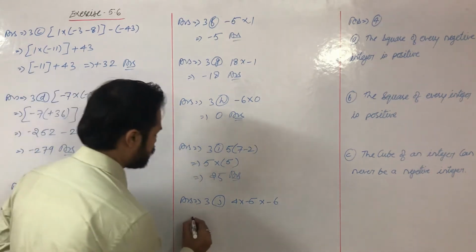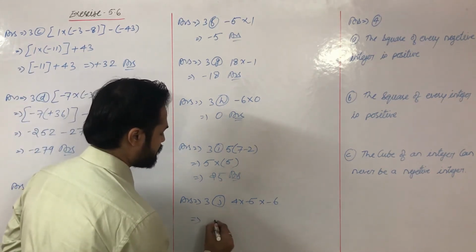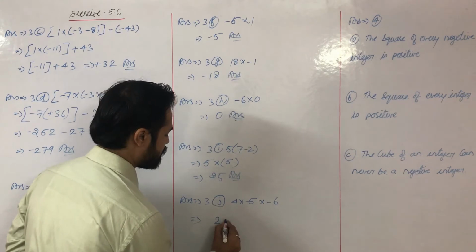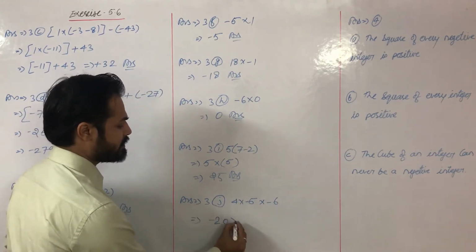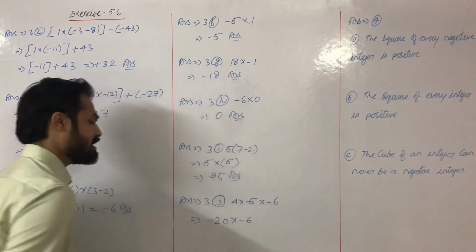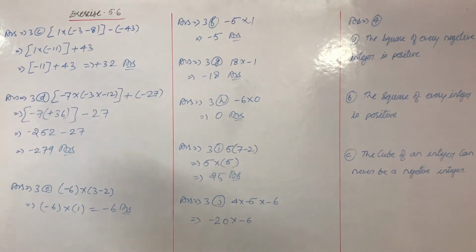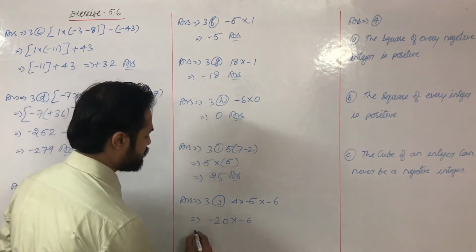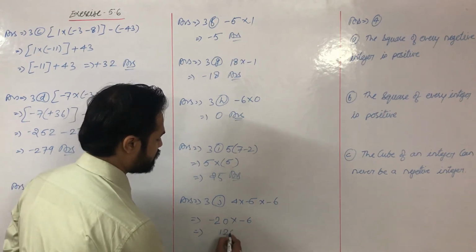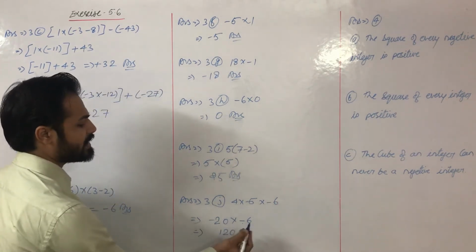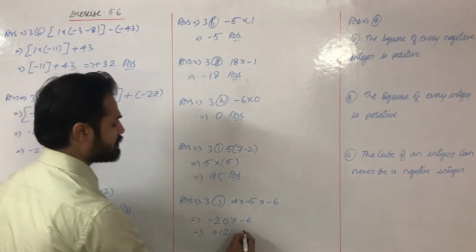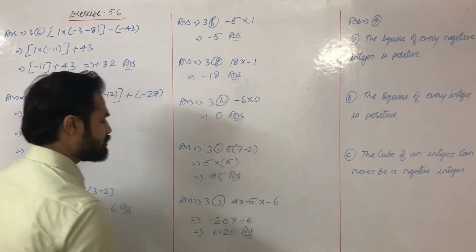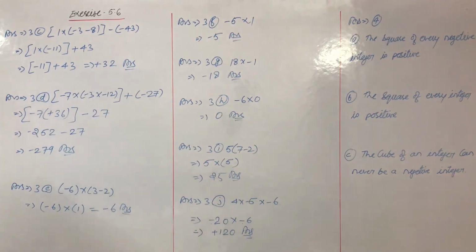So what to do? 4 into 5 is 20, positive into negative, negative, into the remaining part minus 6. Again 6 into 20 is 120, and multiplication of a negative integer and a negative integer, minus is plus. So plus 120 is the final answer.